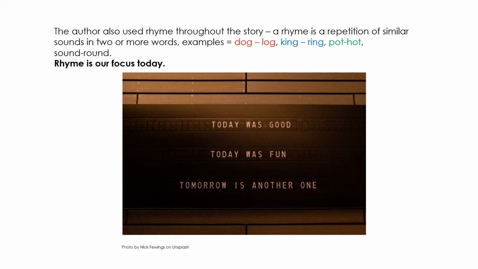Now, rhyme is a repetition of similar sounds in 2 or more words. Examples: dog and log, king and ring, pot and hot, sound and round. And rhyme is going to be the focus for us today.